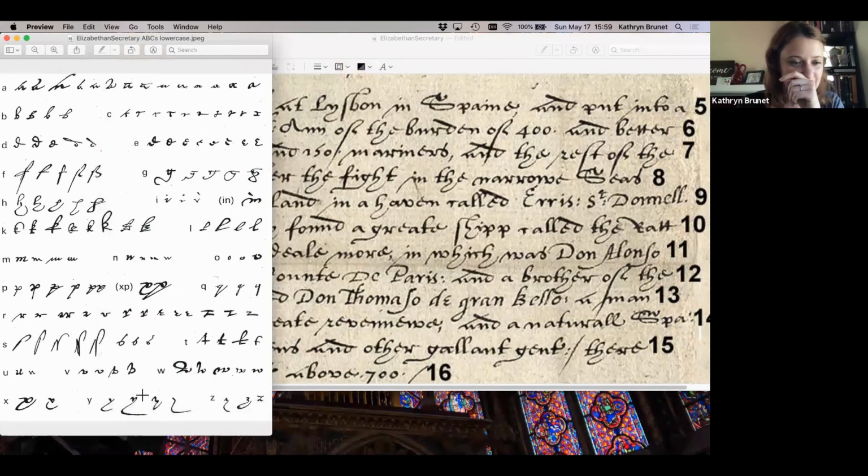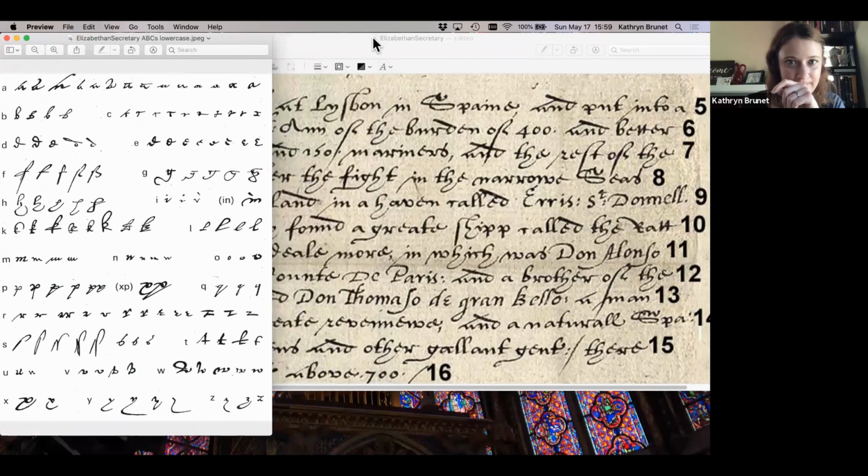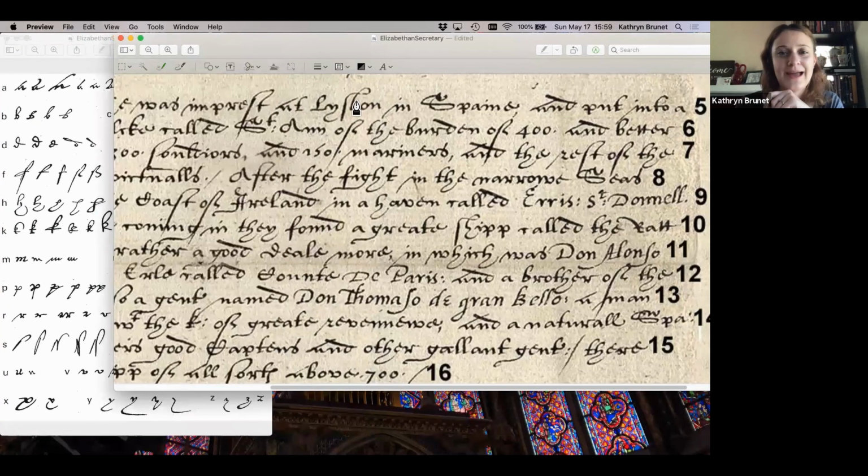Yeah, so the Elizabethan lowercase also shows us different little curls of Y's. Okay, and now we have a long S, Liz, and then the ascender goes into a B. So this is Lisbon.